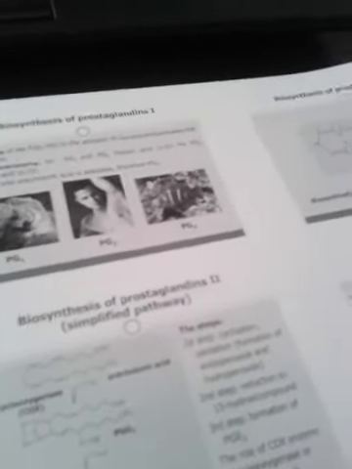Prostaglandin series 1, series 2 is used in the gym, series 3 is used for fish to be more beautiful. Okay. I don't get it properly, but anyway. There is a lot of usage for them.